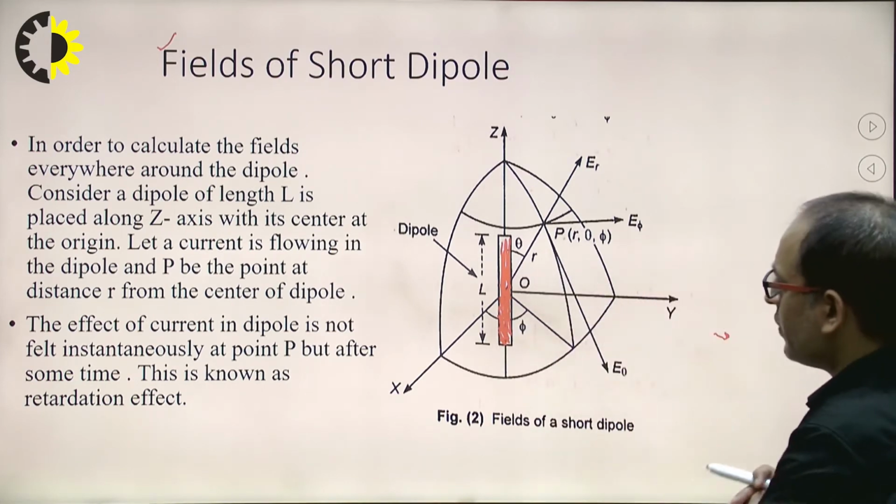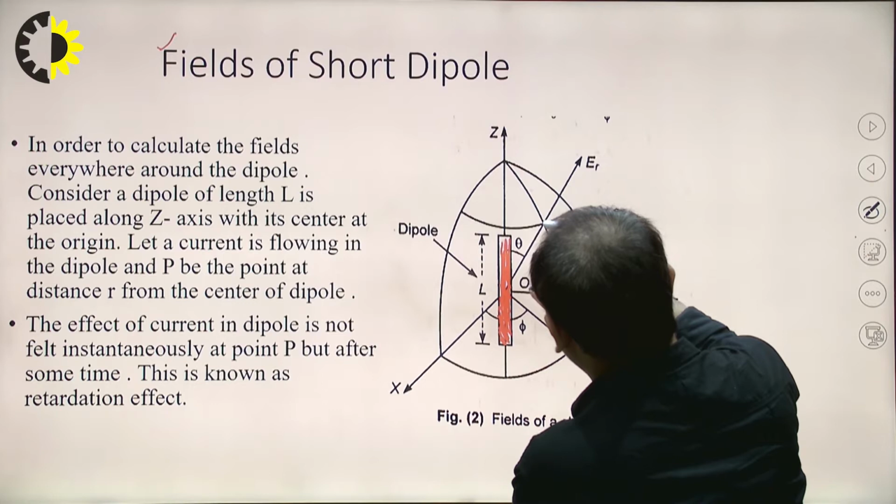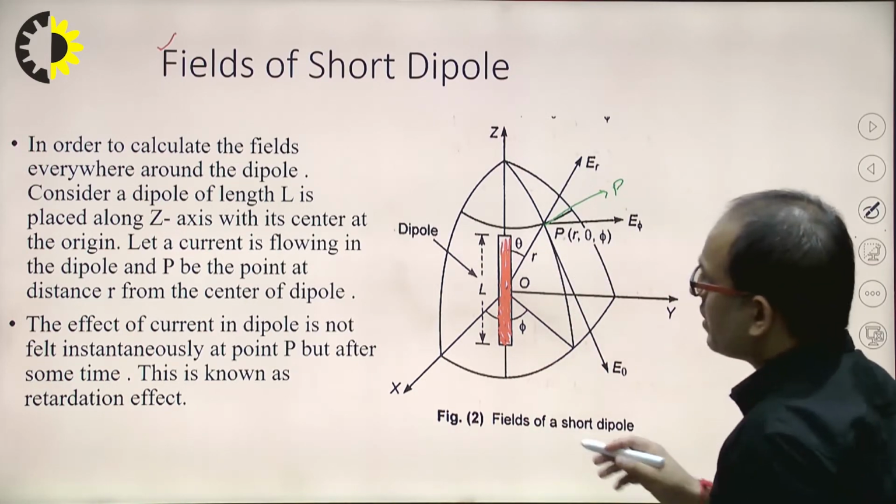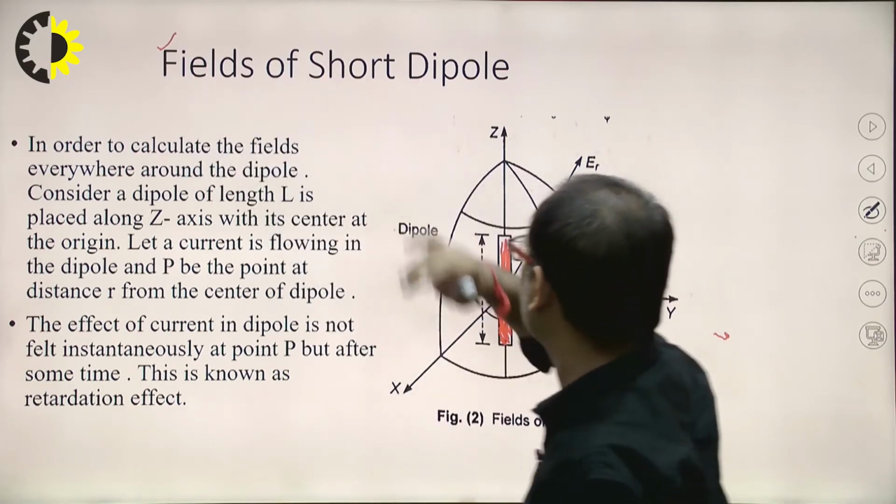Electric field and magnetic field. I want to calculate the electric field and magnetic field at point P, so that comes under the field of a short dipole.